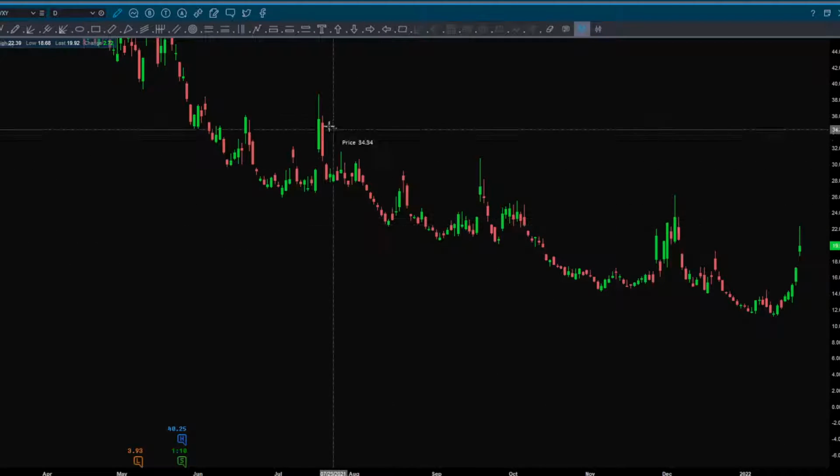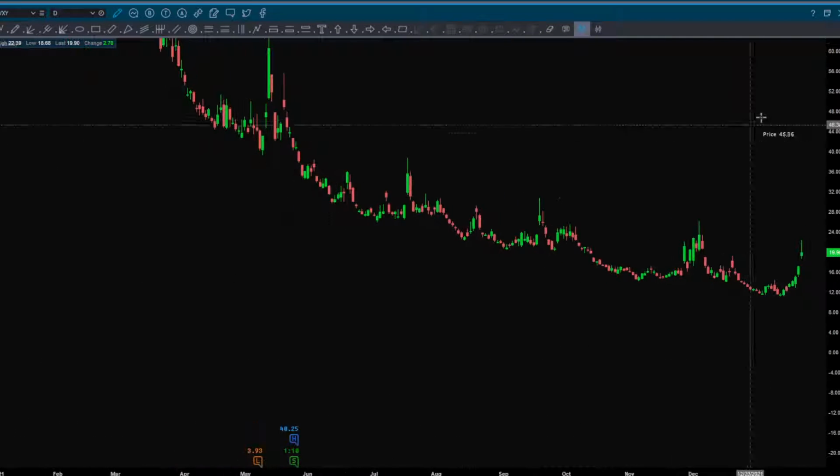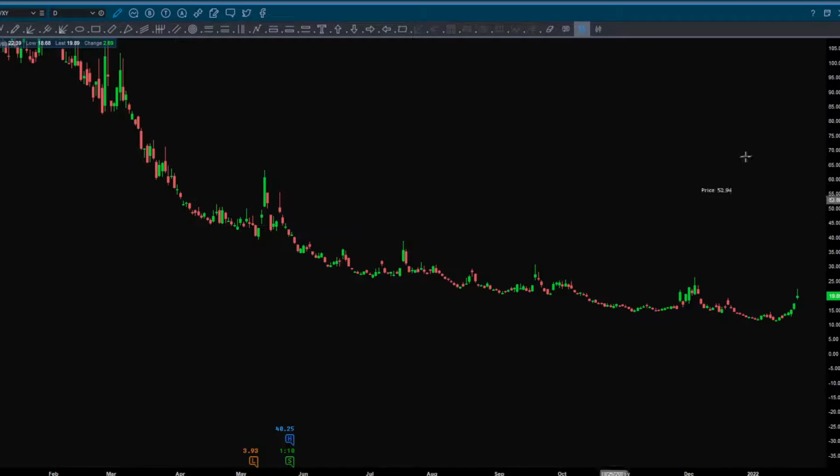What if we drew a line through those? Let's shrink this down. So maybe we bring this in a little bit like this. I mean, that looks like a pretty good spike for us to come back down.